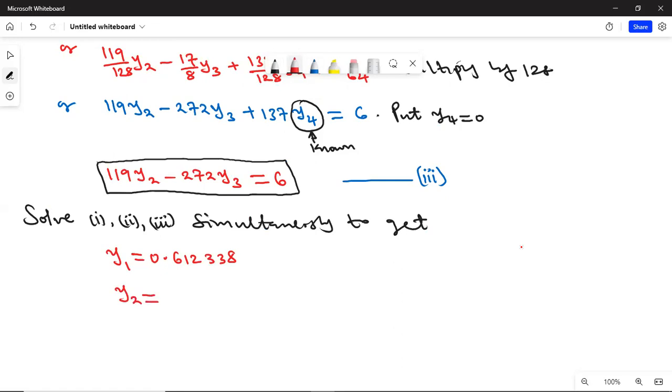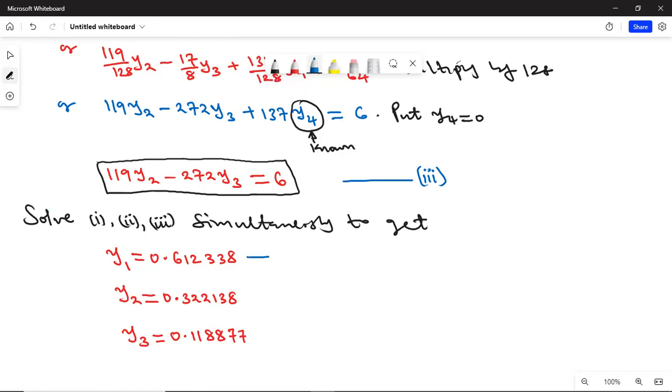y2 is equal to 0.322138, and y3 is equal to 0.118877. Remember, we are rounding off to 3 decimal places.